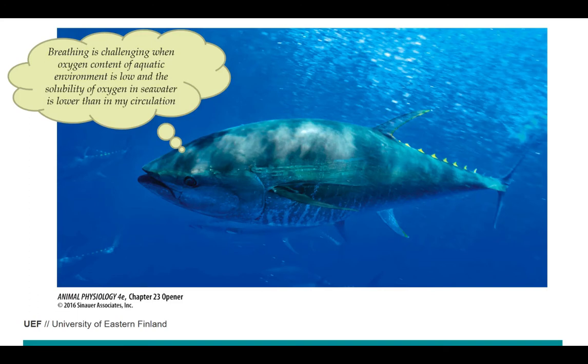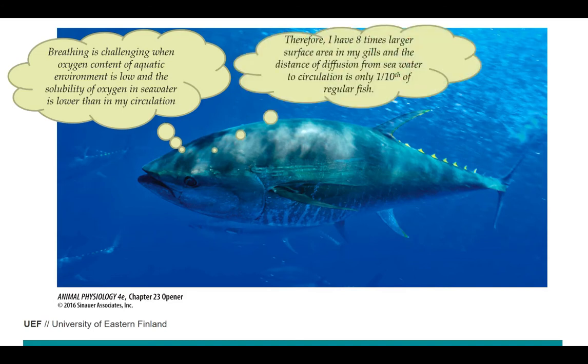To face this challenge, this tuna has modulated its gills. It has 8 times larger surface area in the gills, and the distance of diffusion from the seawater to the circulation is only 1/10 compared to a regular fish.